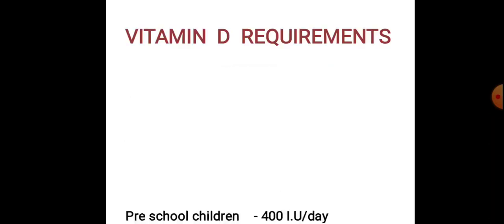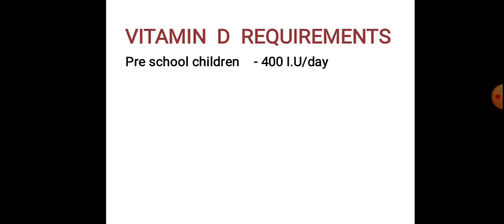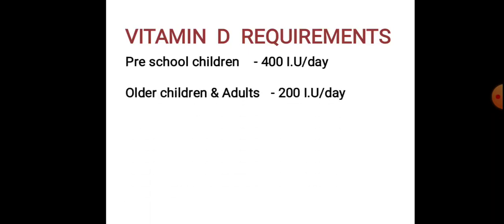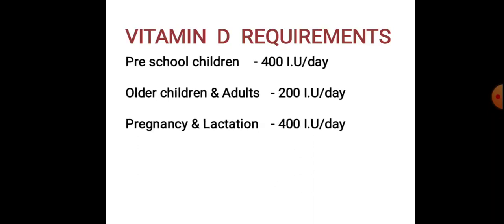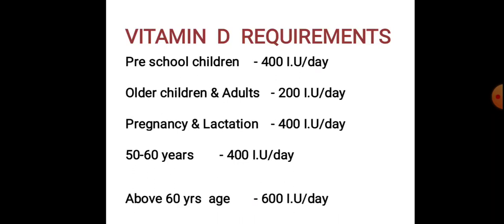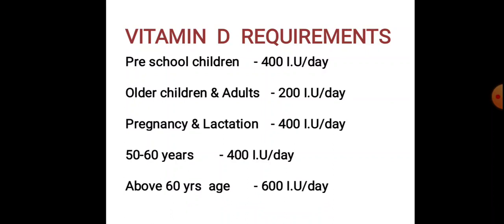The vitamin D requirements: preschool children 400 international units per day, older children and adults 200 international units per day, pregnancy and lactation 400 international units per day, and above 50 years 400 and above 60 years 600 international units per day.